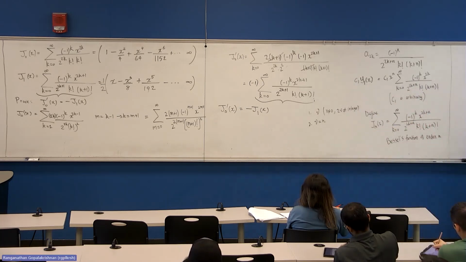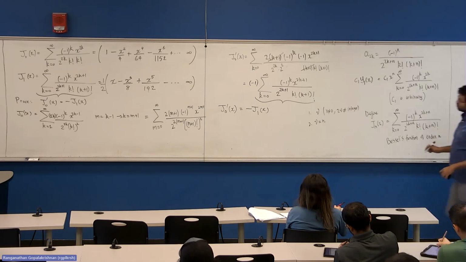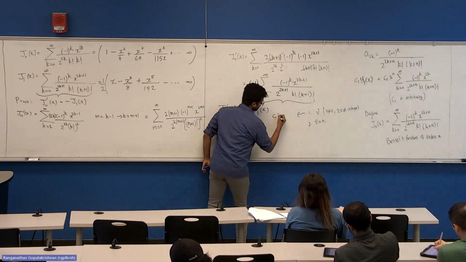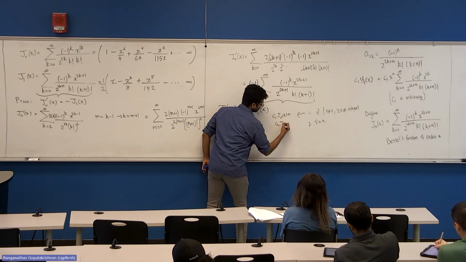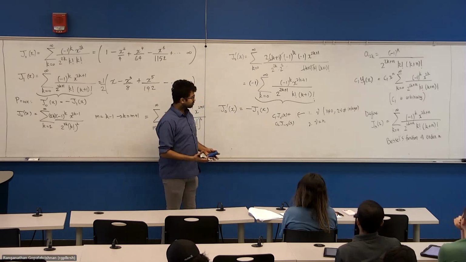We are still looking at properties of Bessel's function. The question of getting a general solution to Bessel's equation is still hanging, because over here you can write C1 J nu of x plus C2 J minus nu of x as a general solution.